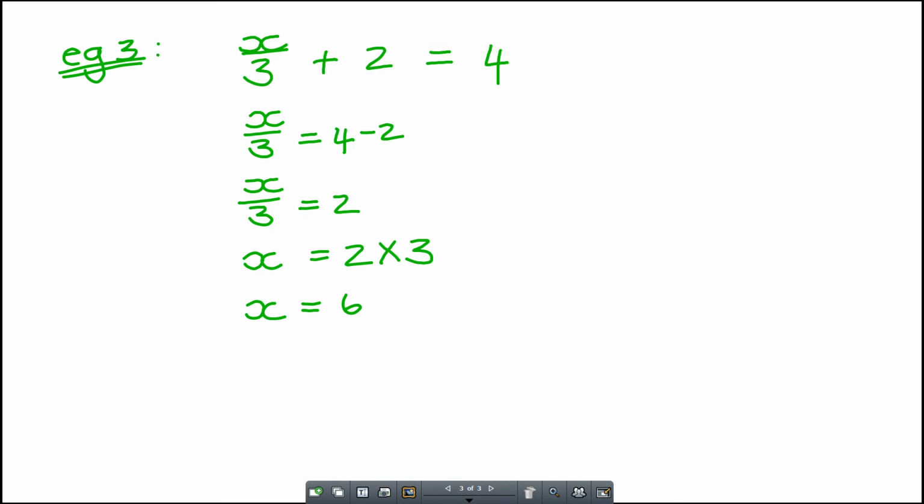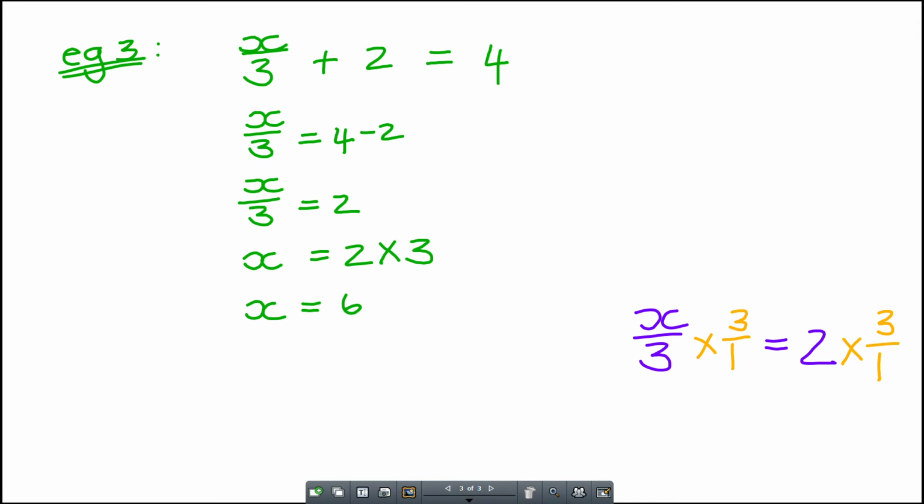Okay. What's actually happening, let me show you. I'm working from here now. So it was x over 3, and that was equal to 2. So why I say times 3 is, if I say times 3, I also have to do it on that side.